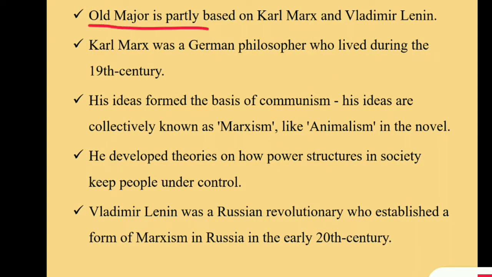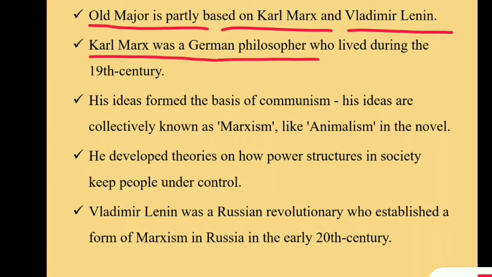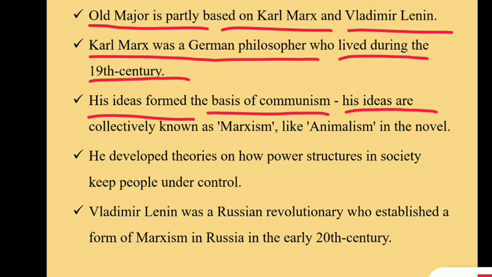This is very important. Old Major is partly based on Karl Marx and Vladimir Lenin. Karl Marx was a German philosopher who lived during the 19th century. His ideas formed the basis of communism. His ideas are collectively known as Marxism, like Animalism in the novel.